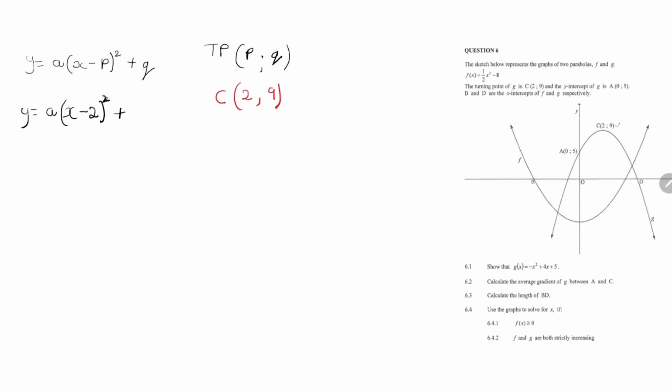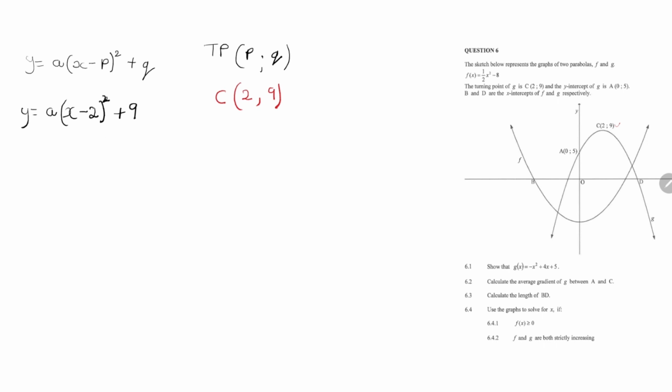Where did q come from? Q came from the y value of the turning point, so here we will take the y value, which is 9. So now we have y equal to a multiplied by (x minus 2) squared plus 9.